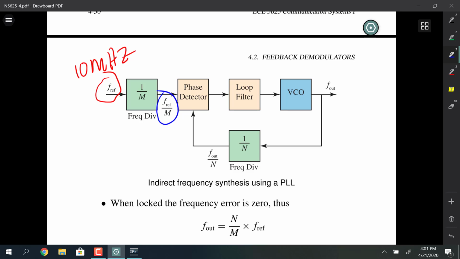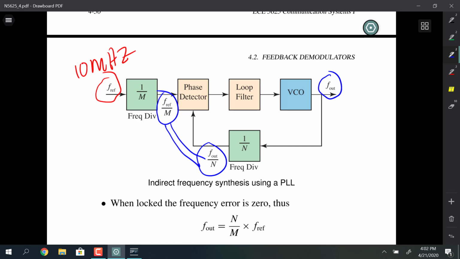And the loop is set up with a VCO and loop filter, and then the output of the VCO is the output from the synthesizer. The frequency comparison that goes on in the phase detector, when you're multiplying one signal times the other, the abstraction in this block diagram is we're just thinking of the loop locks when F out divided by N equals FREF divided by M, because that's the first condition for the phase lock loop to be locked up.